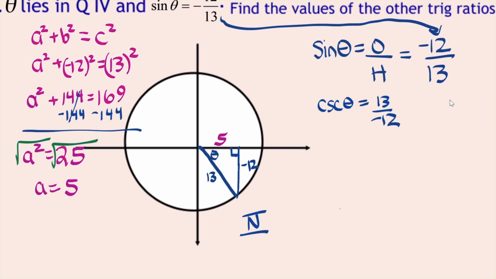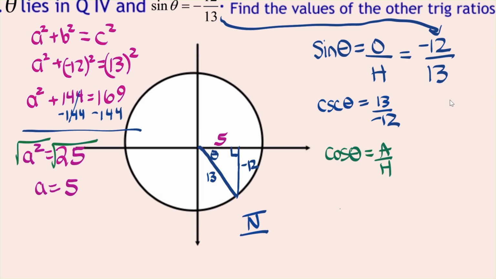But I can also find cosine. Cosine is adjacent over hypotenuse. So if we look at this angle, the adjacent to that is not the hypotenuse, the one that makes up the angle, is that 5 right there. Again, there are two adjacent sides, but only one of them is not the hypotenuse.